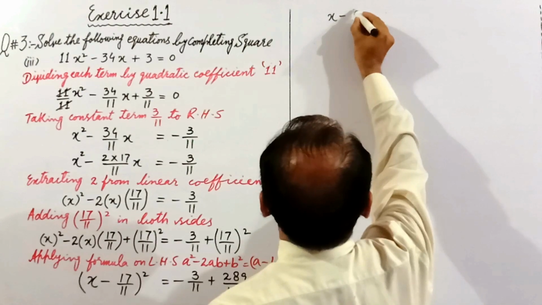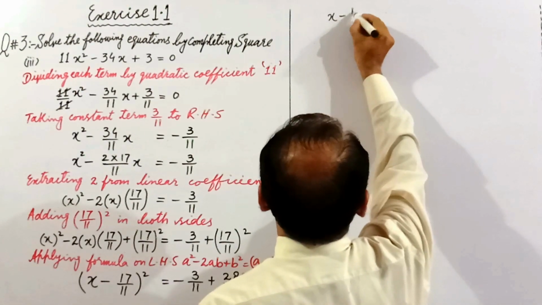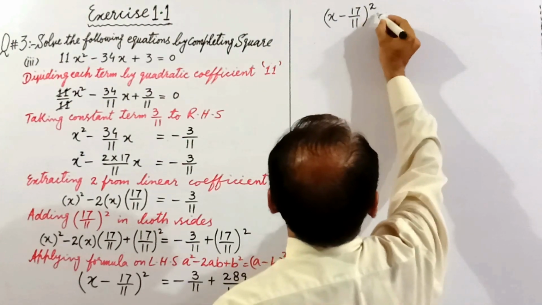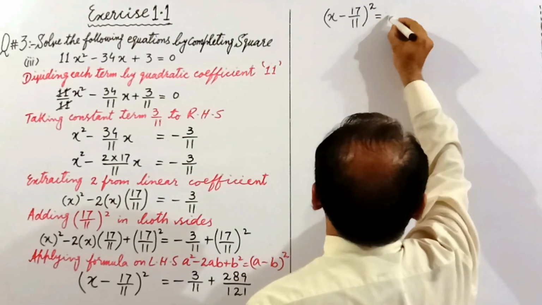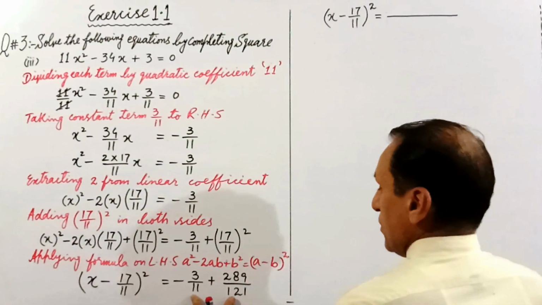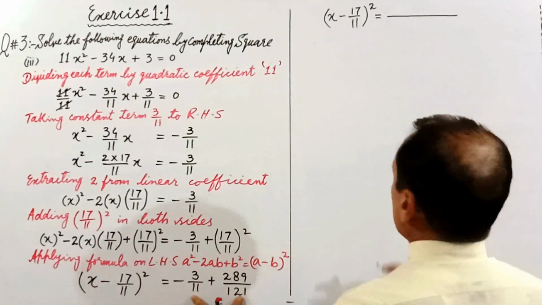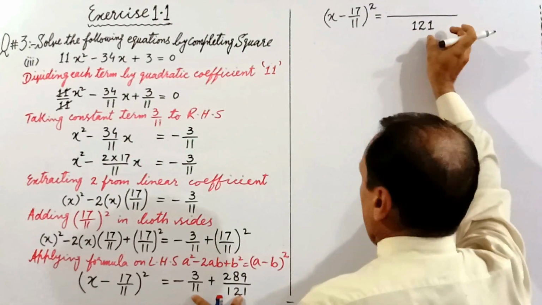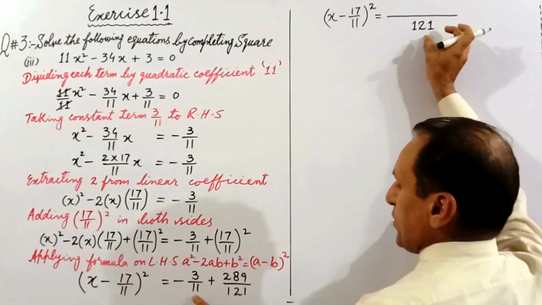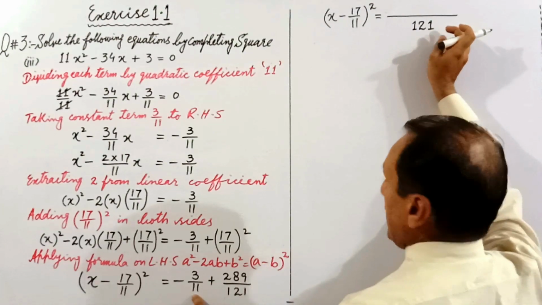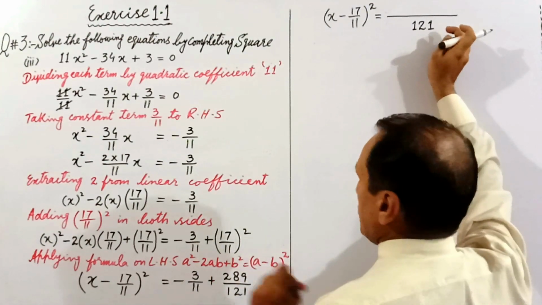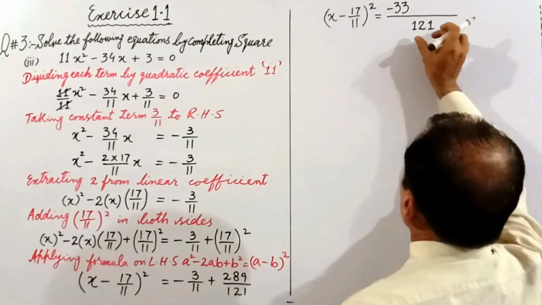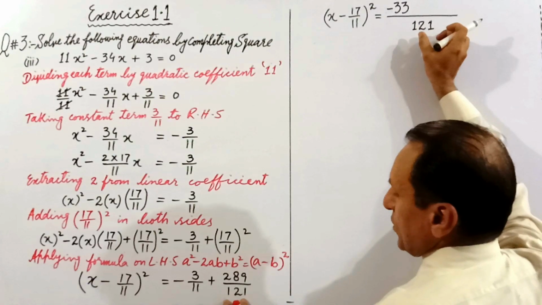x minus 17 over 11 whole square is the left hand side, and we take the LCM, that is LCM of 11 and 121 is 121. When 121 is divided by the first denominator 11, we get 11. 11 is multiplied to the 3, minus 33. 121 is divided by the second denominator 121.